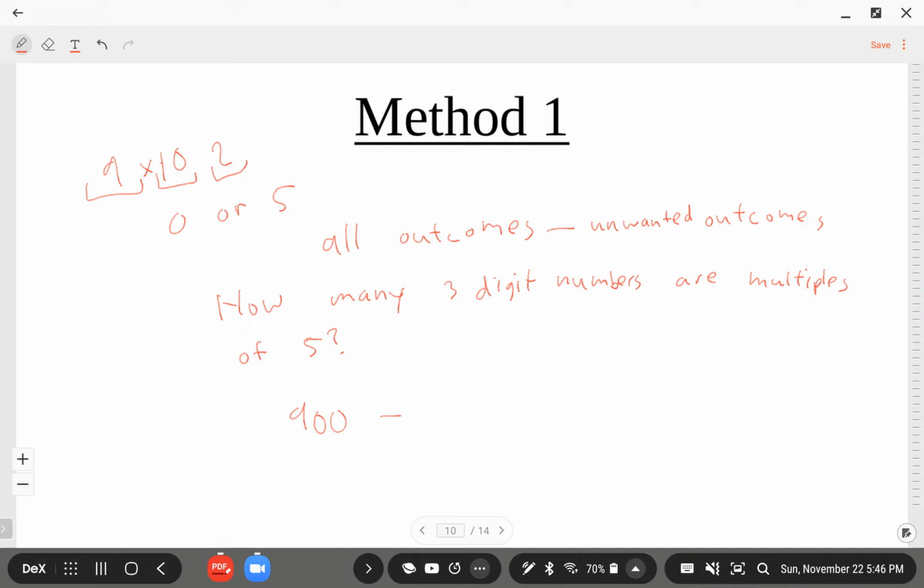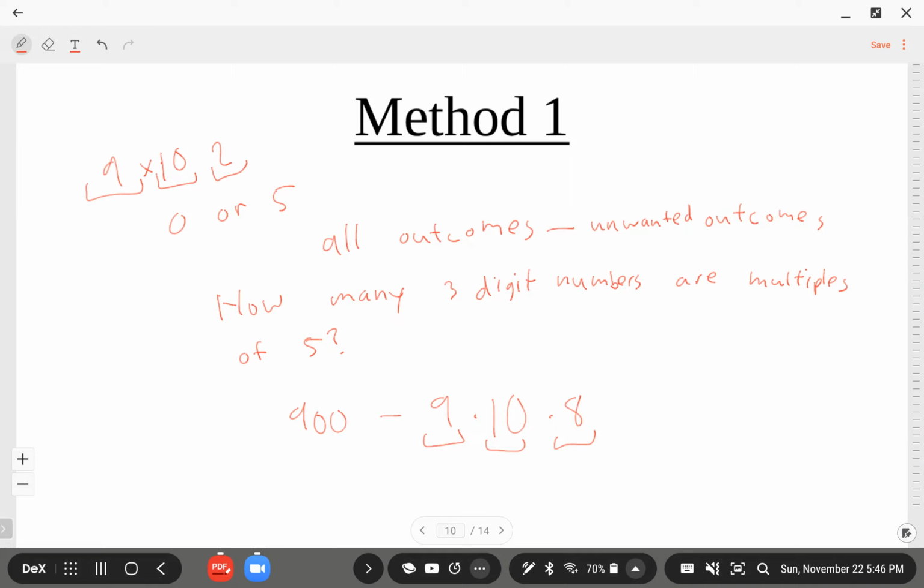And what are the unwanted outcomes? That'd be 9 times 10 times 8, right? Because our wanted outcomes is going to be 9 times 10 times 2. Those two possibilities are 0 or 5.